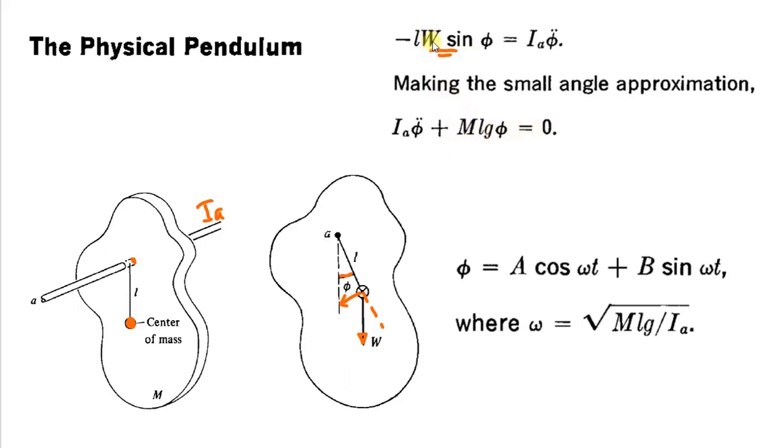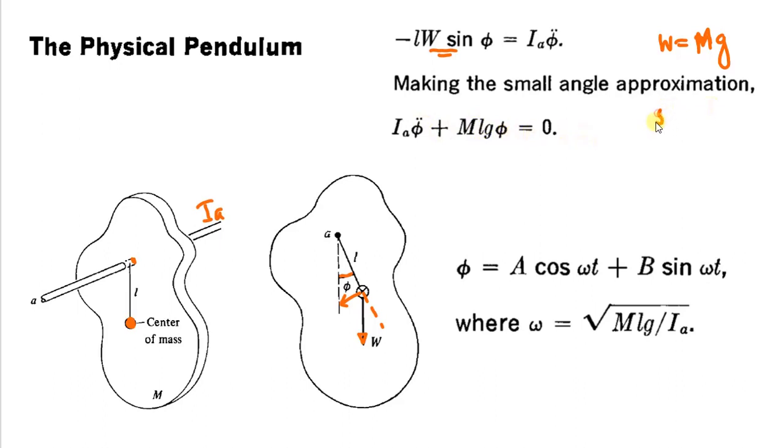But W can be taken as equal to mg. So we write the equation in a slightly different form. W is equal to mg, capital mg. Then bringing this to this side, you will get IA phi double dot plus mlg phi equal to 0.